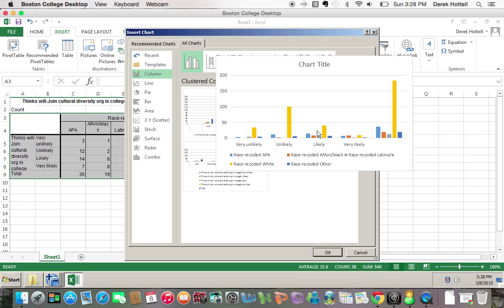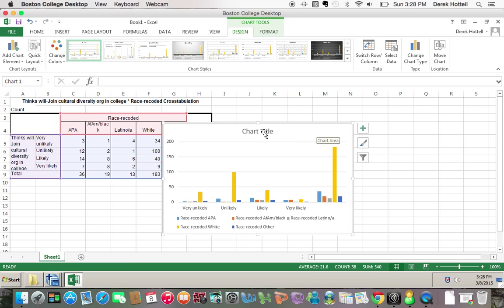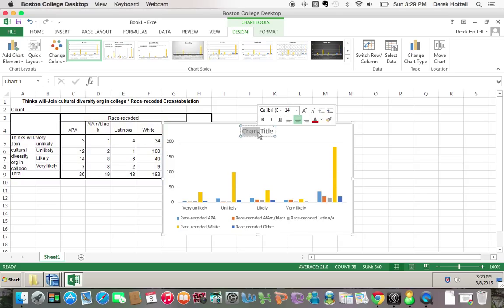And so all you do is you double click on it, which will open it. And then to change the chart title, you just click on chart title, which will open the dialog box. And we want to say this is thinks will join cultural diversity organization by race.